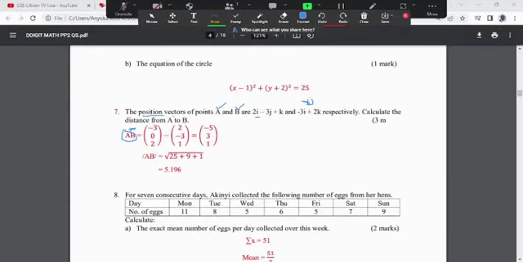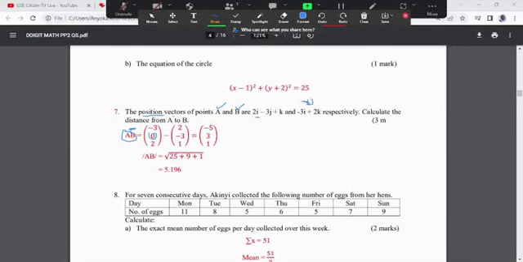So the position vector of B is negative 3, 0, 2. This 0 is coming in because we didn't have the j component in vector B, so it means it was 0j.